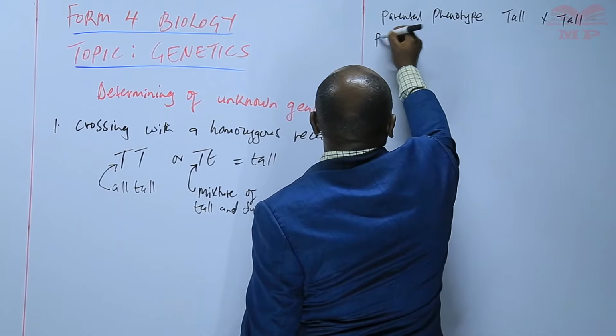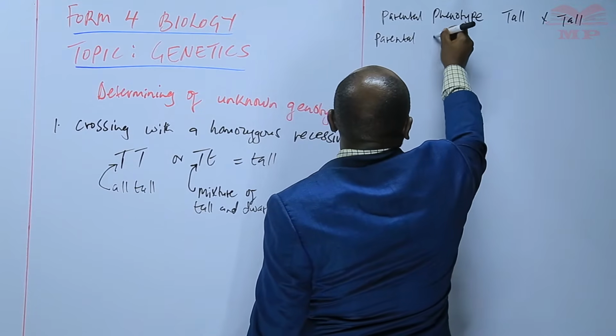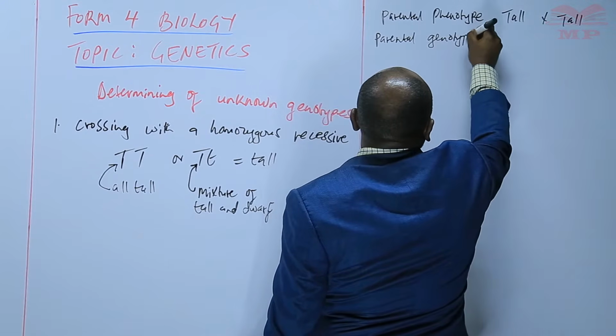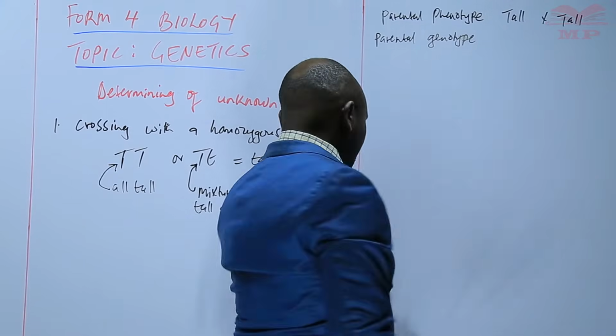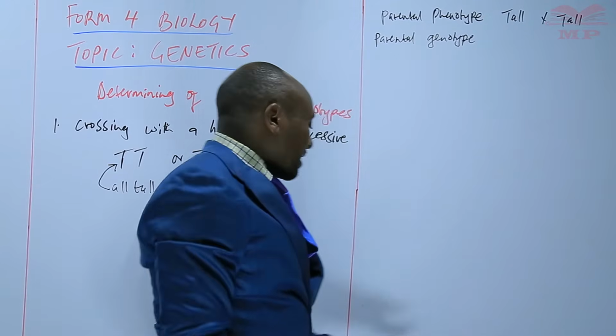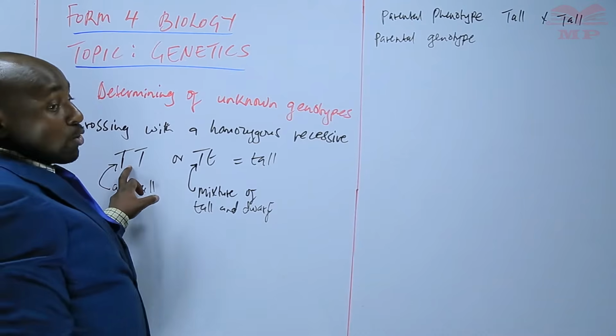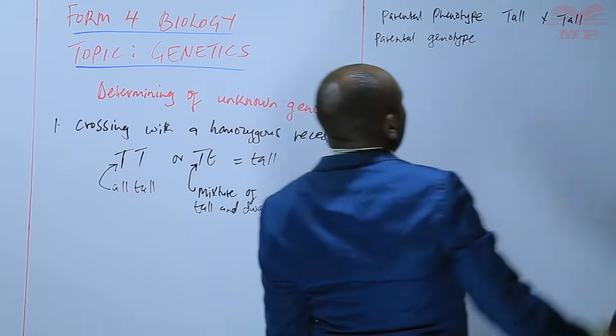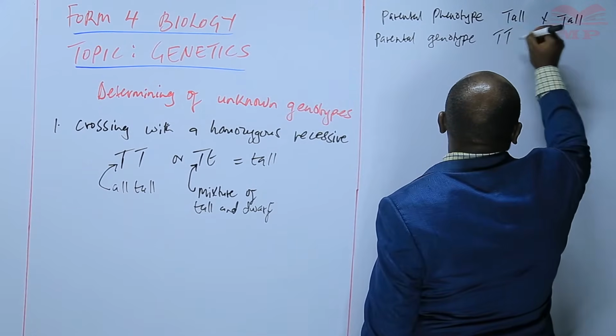And then for the parental genotype, we assume that the tallness is as a result of the first case, which is homozygous.